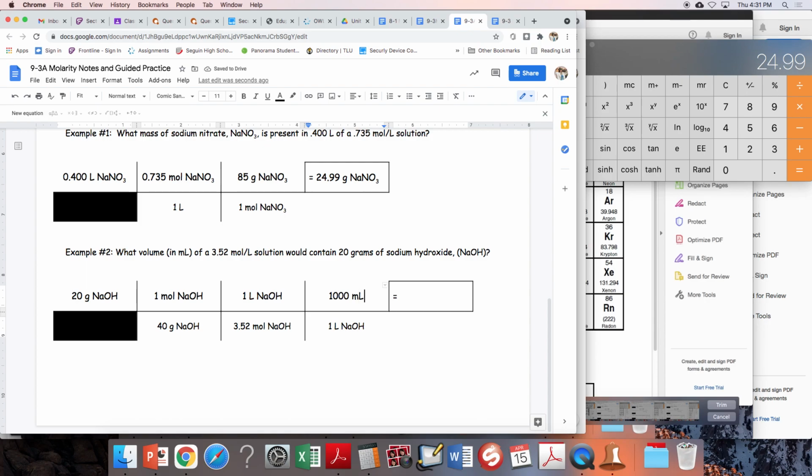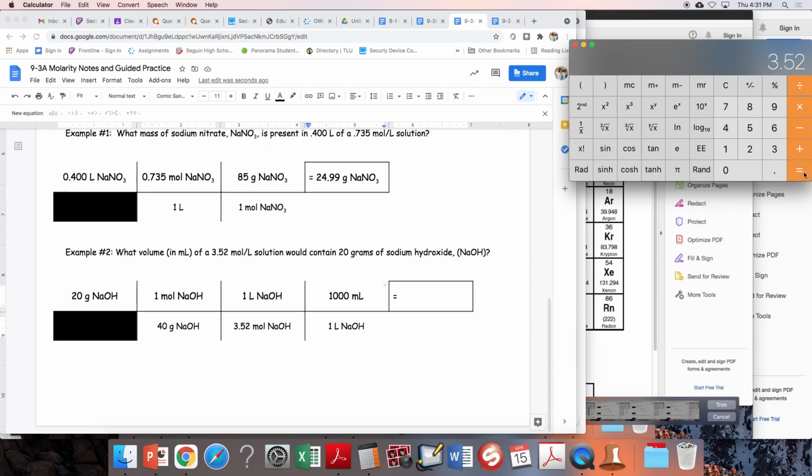So now I do my math. Remember, we're going to multiply everything on top. So I've got 20 times 1 times 1 times 1,000. I don't actually worry about my ones because they don't affect my math. So it means up top I've got 20,000, and then I'm going to divide by 40 and divide by 3.52.